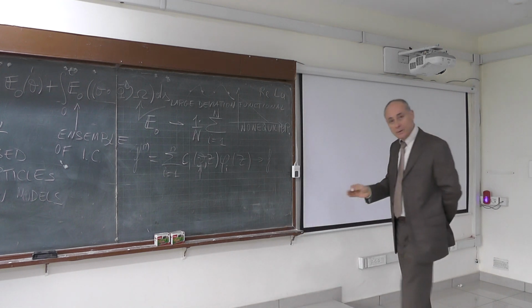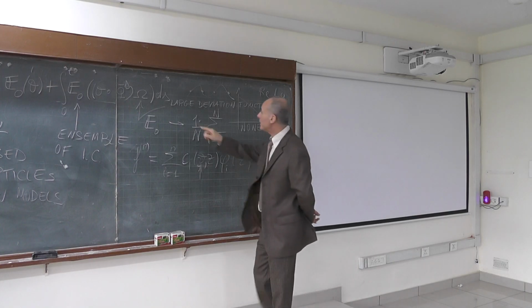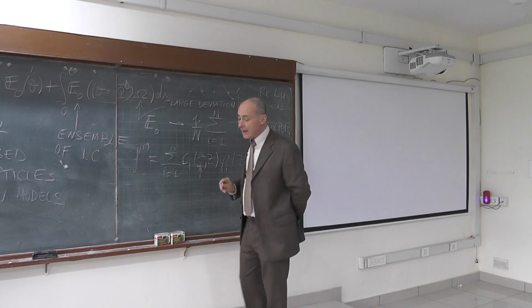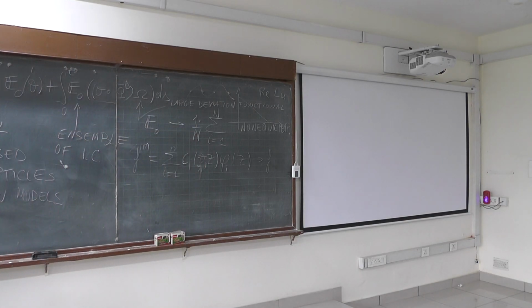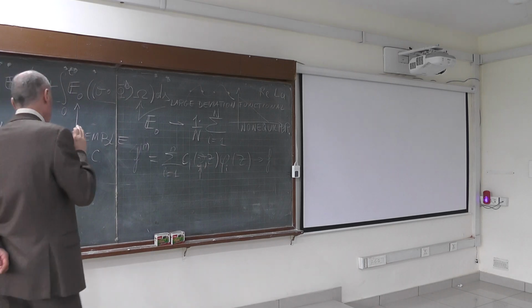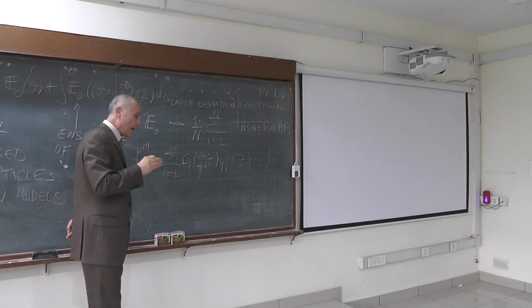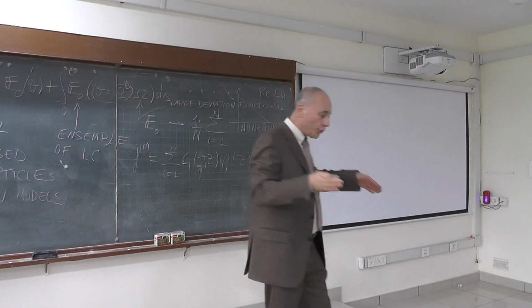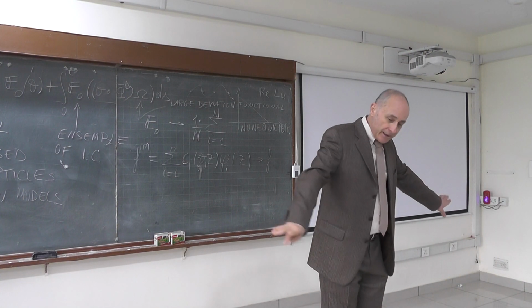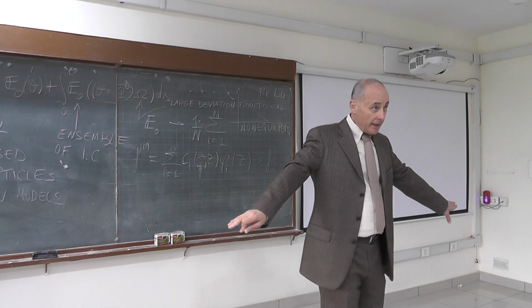I'm working with my people to show that this is a large deviation functional, which is the universal function that allows you to describe a probability distribution in its extreme events, in detail.